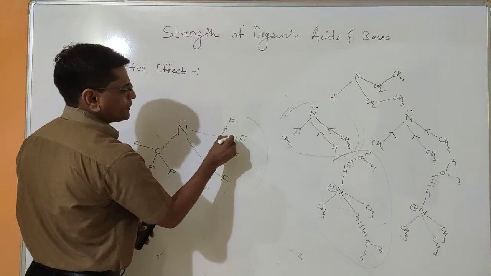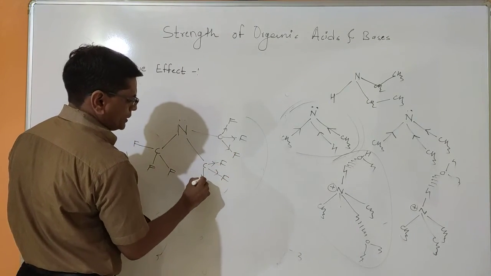So all these fluorines will withdraw electrons from all sides.